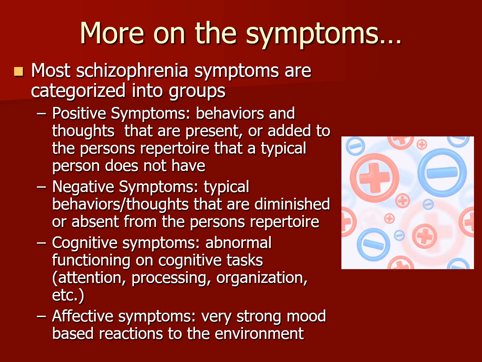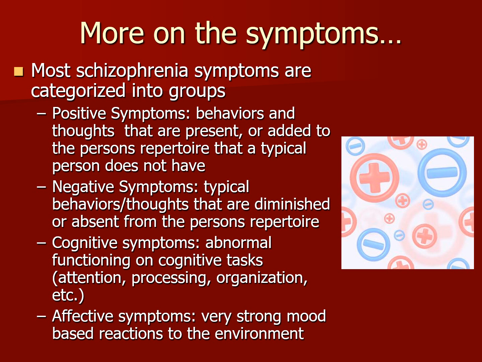Well, clinicians tend to lump a lot of things in this broad definition of schizophrenia. In general, it's a break from reality, but what types of breaks from reality are out there tend to get clumped into different symptom categories. And the four major symptom categories that are out there are what we call positive symptoms, negative symptoms, cognitive symptoms, and affective symptoms.